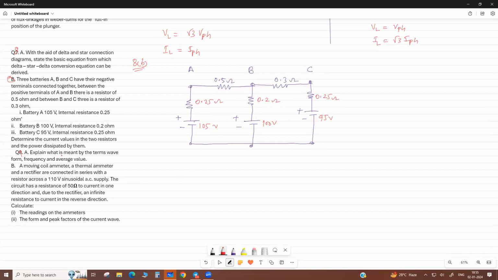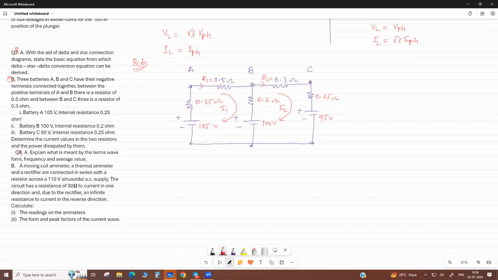Now we ask what is the current flowing through these two resistances. This is the R1 resistance, this is the R2 resistance. We can say loop currents are flowing here, loop mesh analysis. Suppose I1 current flows through this resistance and I2 flows through this resistance.